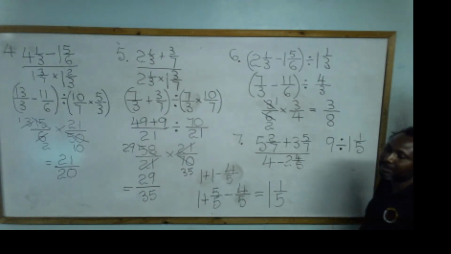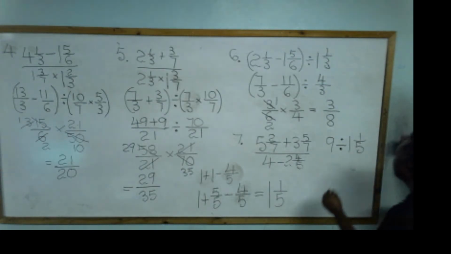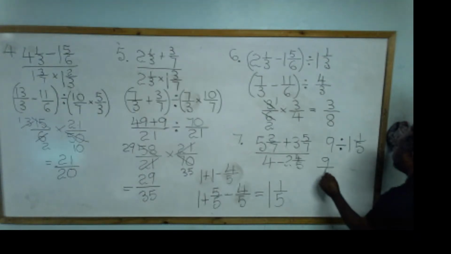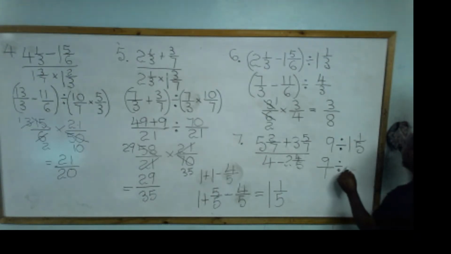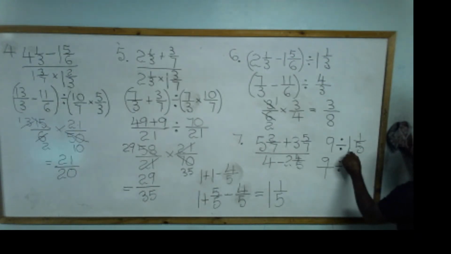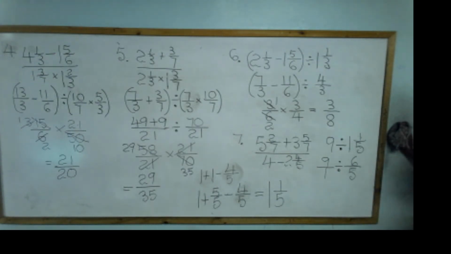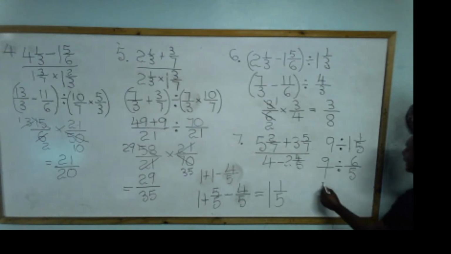So let us finish this problem very quickly, students. 9 over 1 to be divided by 5 ones 5, 5 ones 5 plus 1 is 6. So it's going to be 6 over 5. And then what do we do? 9 over 1 multiplied by 5 over 6.